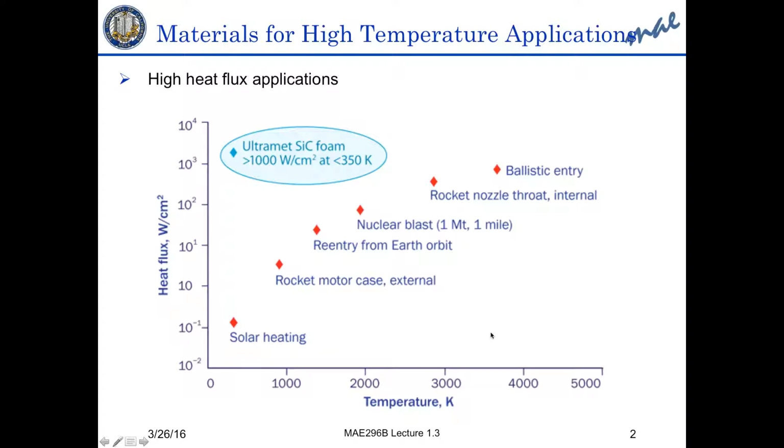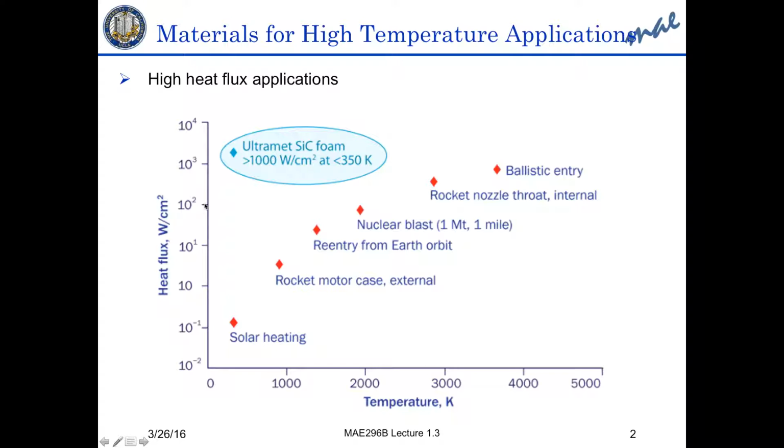Now, another way to look at it is this chart from Ultramet, a company here in California for high temperature materials, showing the heat flux in watts per centimeter square this time versus the approximate temperature capability of certain materials.